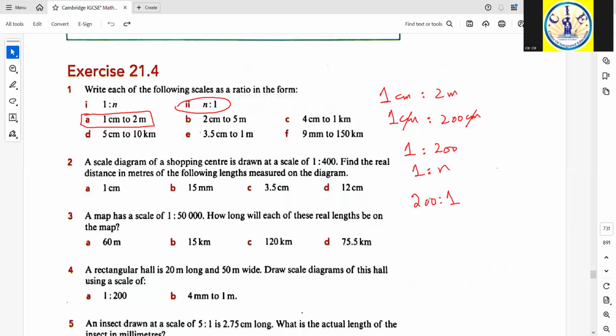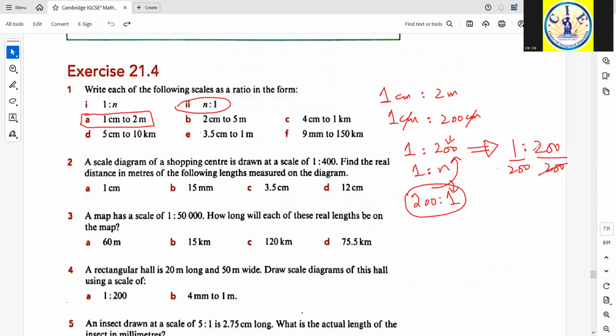So we need to do it in a way like 200 ratio 1. That means this was n and this is 1. But it is not just the swapping of these numbers. What we need to do is that we just need to make this 1. So for that, we must start from here. 1 ratio 200, dividing this quantity by 200 and dividing this by 200.